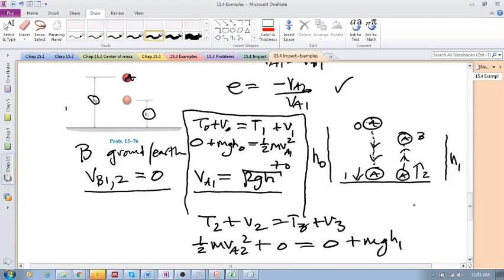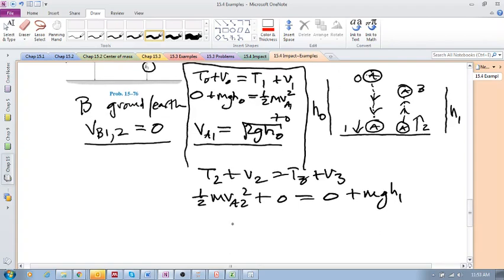Again, if you solve for this, you get VA2 is the square root of 2gh1. VA1 was the square root of 2gh0, and VA2 is the square root of 2gh1.